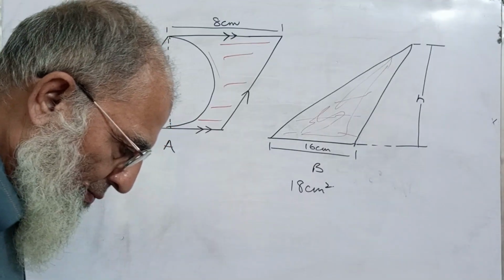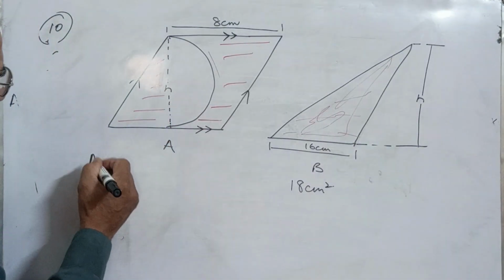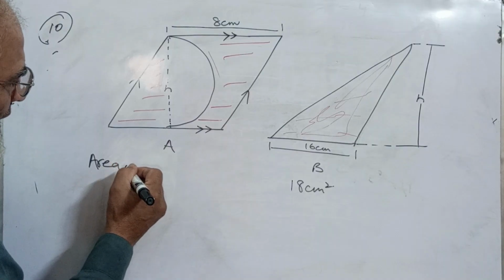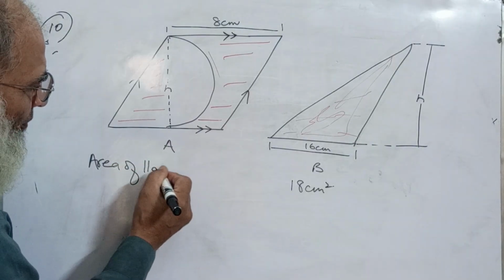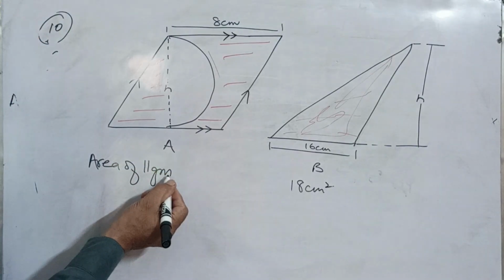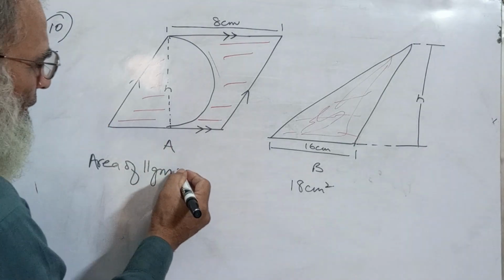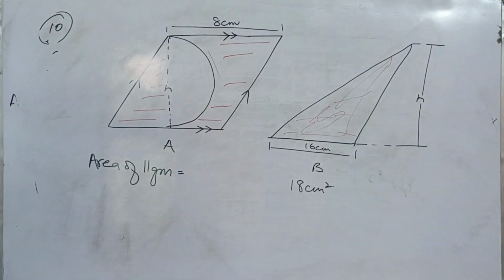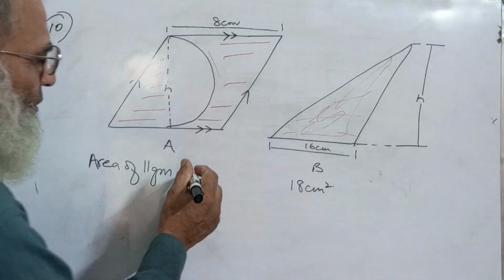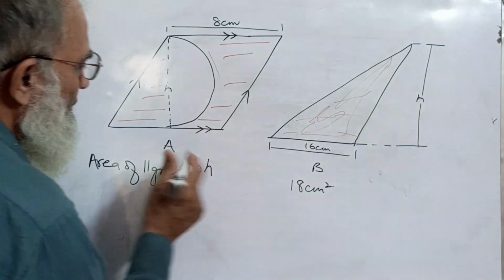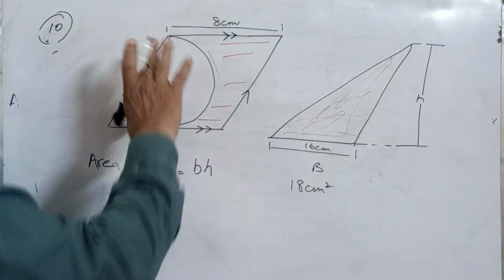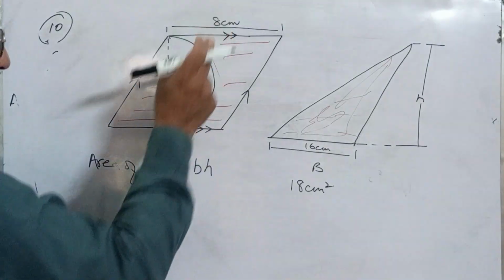areas of both. Now you know the area of a parallelogram. You know what is the area of a parallelogram? Remember or not remember? Do I tell you? It is b into h. H is given, b is given.